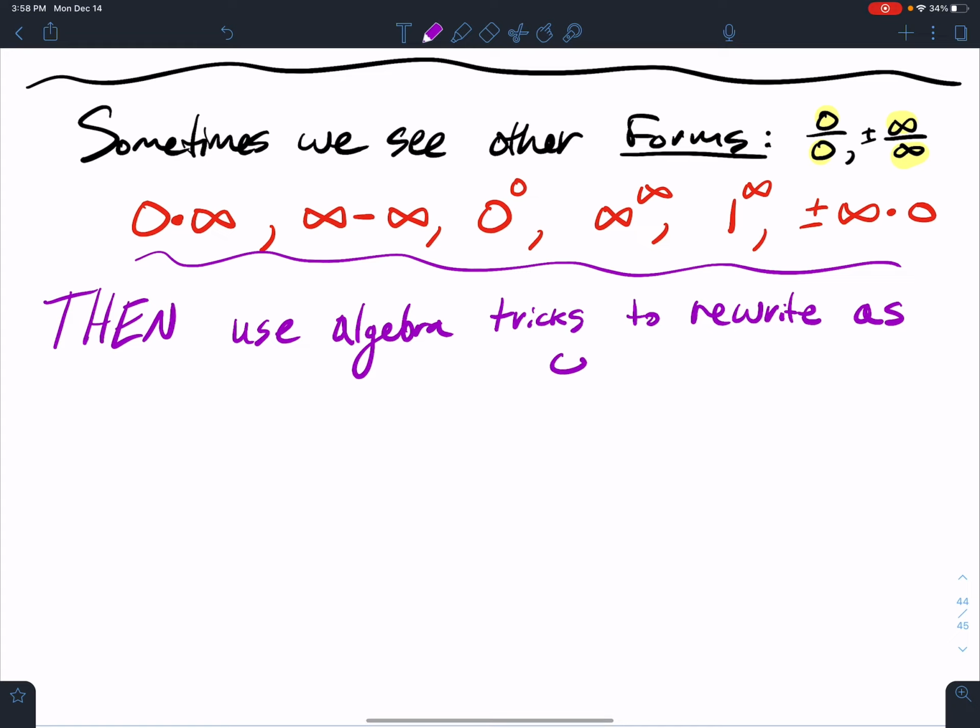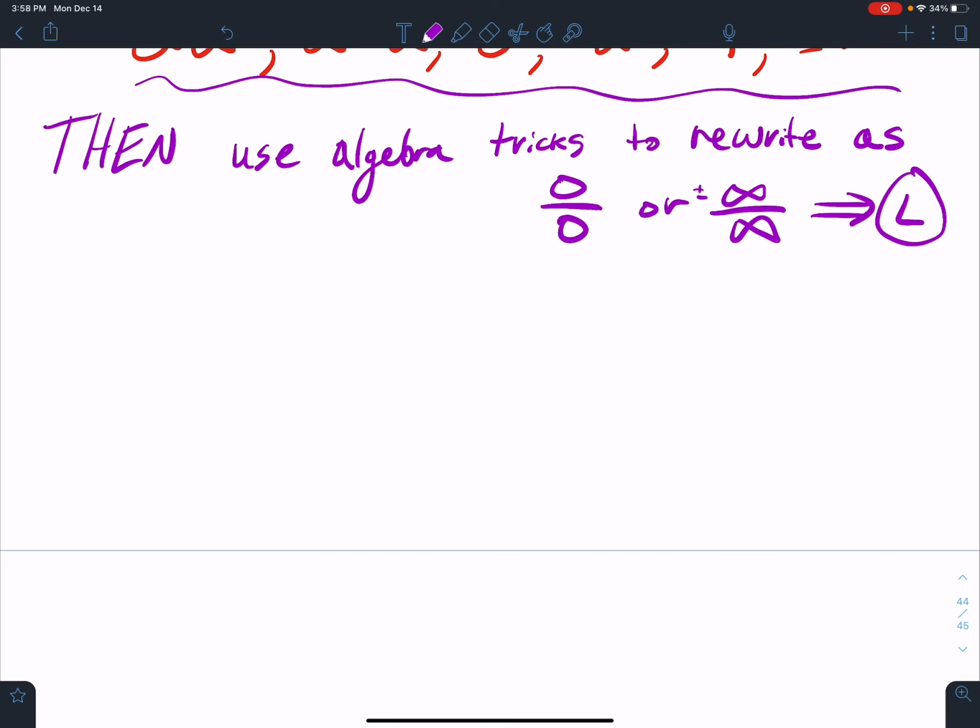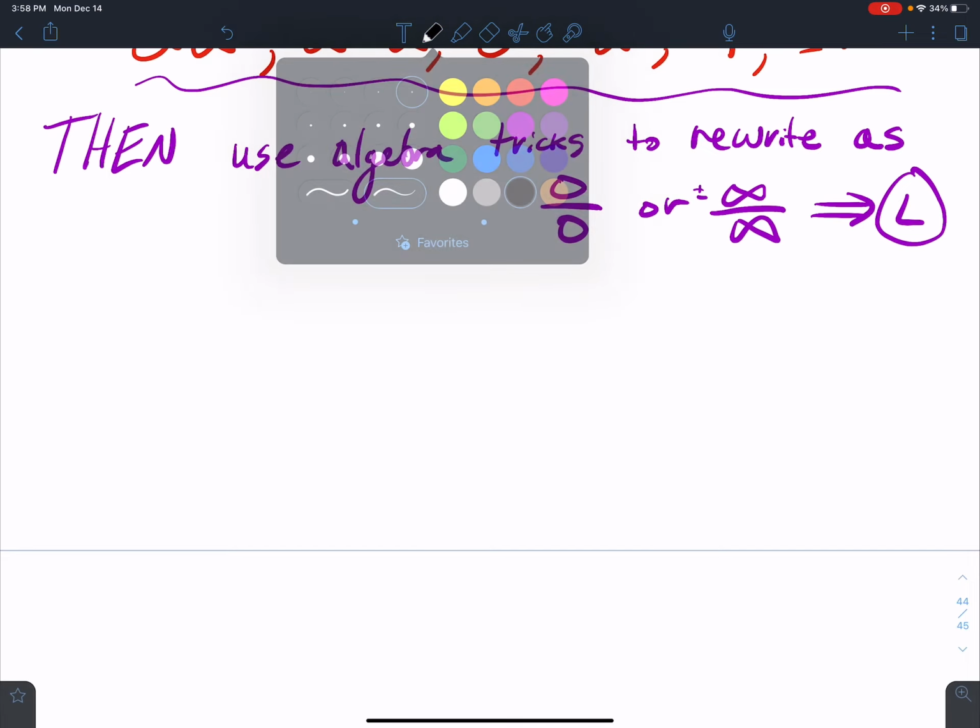It needs to either be in 0 over 0 or infinity over infinity plus or minus, right? So once you get it in this form, then all you got to do is L'Hopital it. Okay? So here's an example of what I'm talking about.